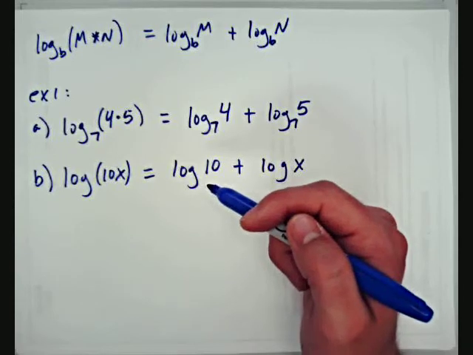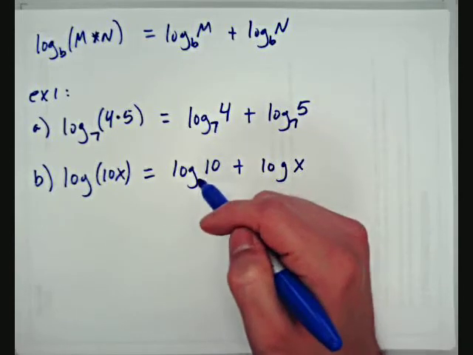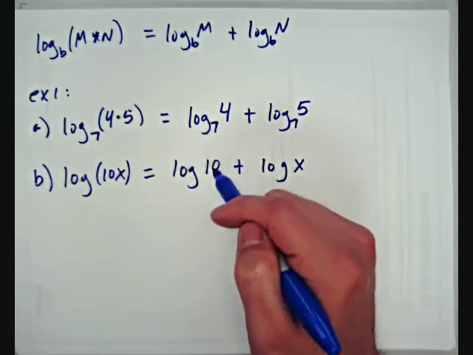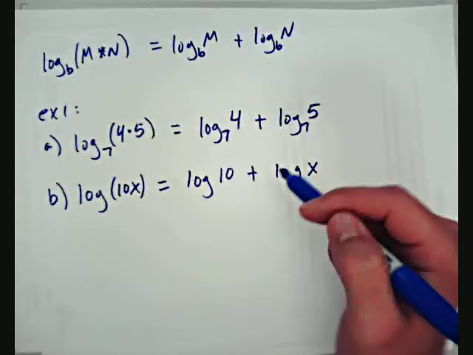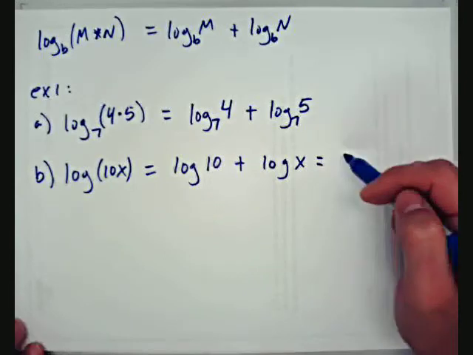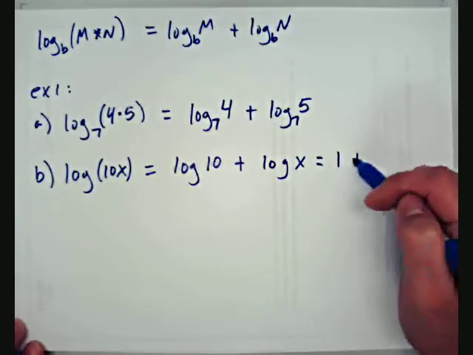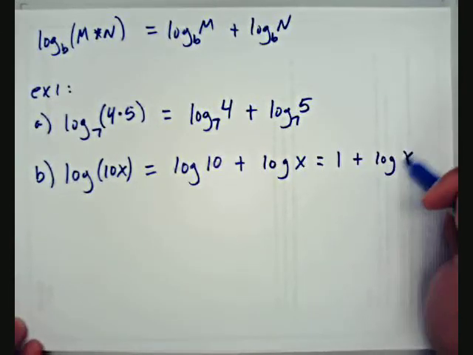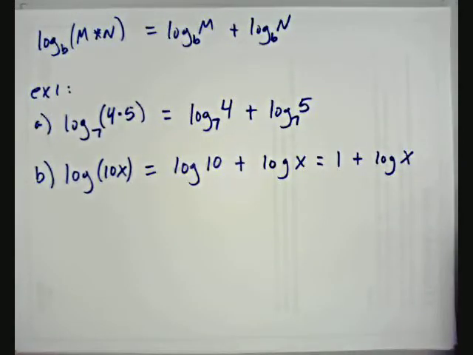Our first basic property from the last section said if the base of the log and the inside number are the exact same, then that log simplifies to 1. So the log of 10 is 1 plus the log of x. So using the product property, we can sometimes simplify a log expression.